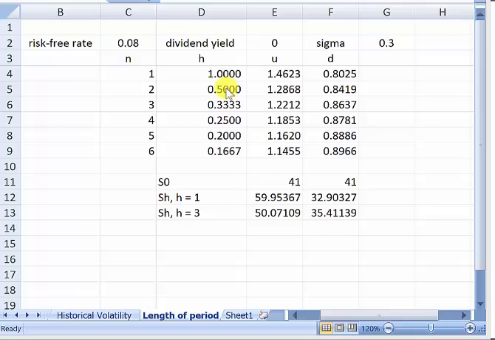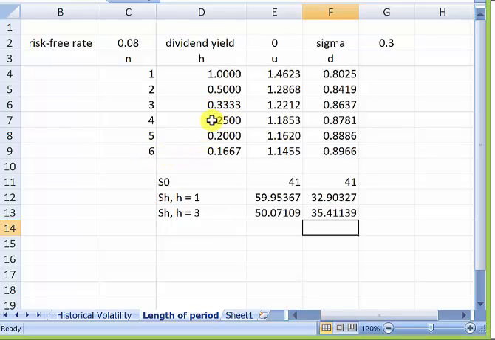Here I have my Excel model to take a look at the effect of increasing subperiods. 1, 2, 3, 4, 5, 6. So let's take period 4 here.